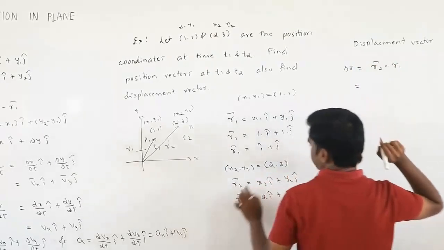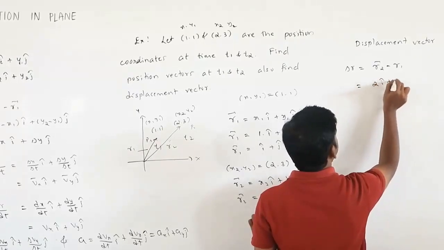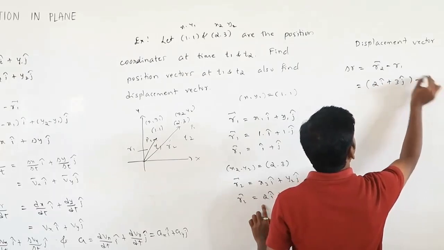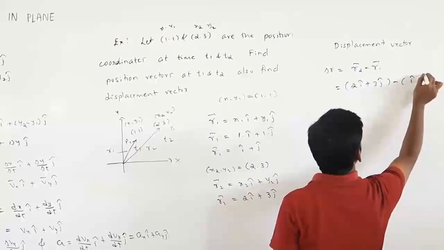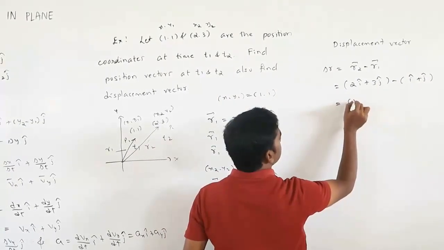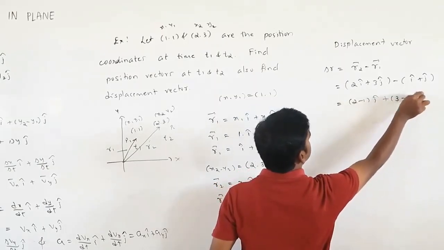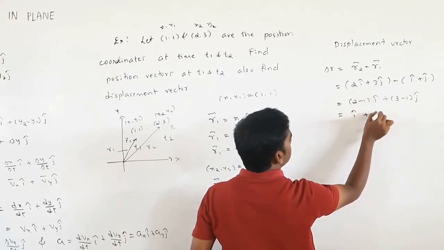What is r2? You got it as 2 i cap plus 3 j cap minus r1, which is i cap plus j cap. So 2 minus 1 i cap plus 3 minus 1 j cap, and you get i cap plus 2 j cap.